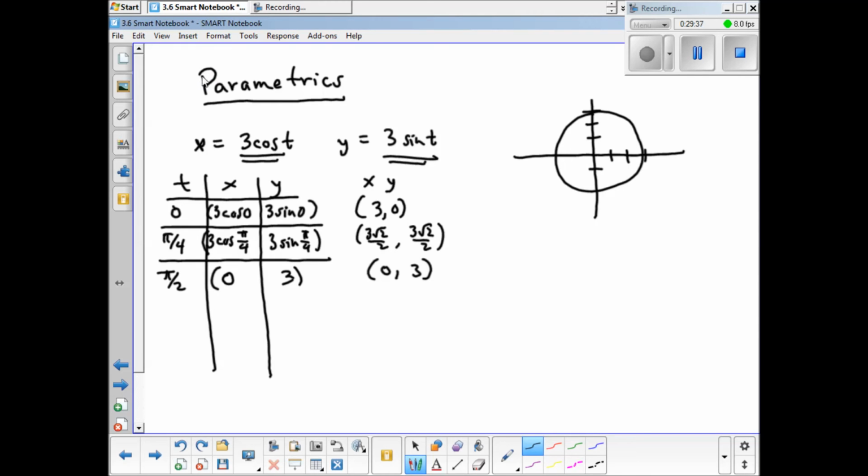This is what ends up being traced out if you're willing to plot those points. Okay?